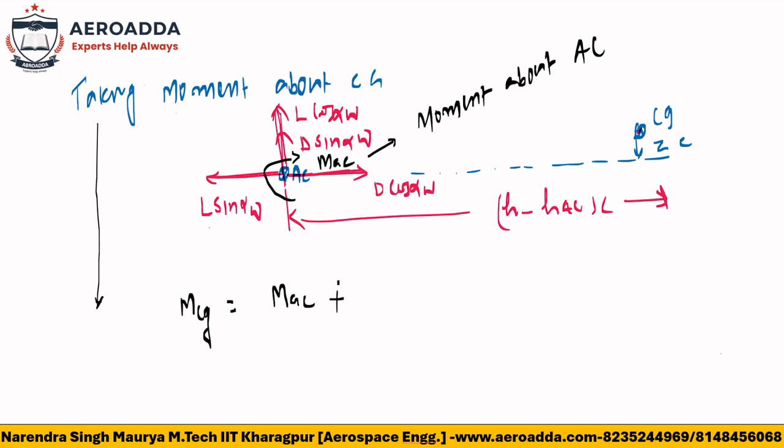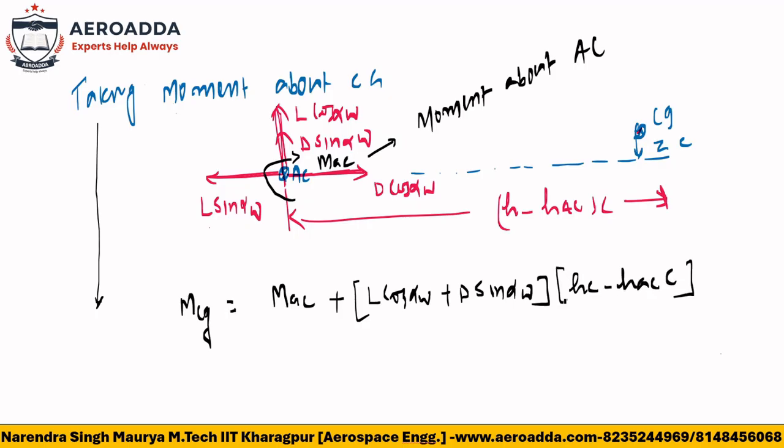Two forces are perpendicular, so I can take L cos alpha W plus D sin alpha W, which gives clockwise moment about CG. Please check. Plus, into the perpendicular distance. What is the perpendicular distance? You can say it is HC minus HAC into C. C is the fraction distance of chord line.